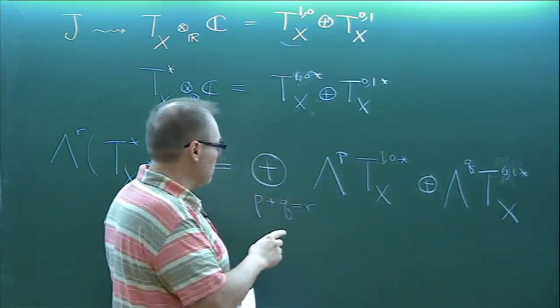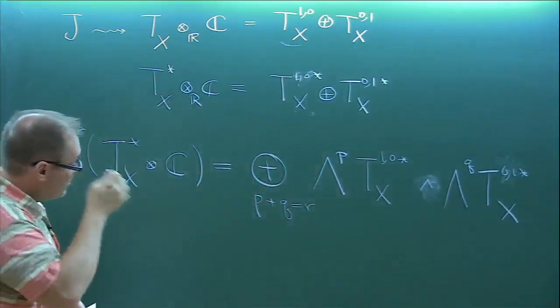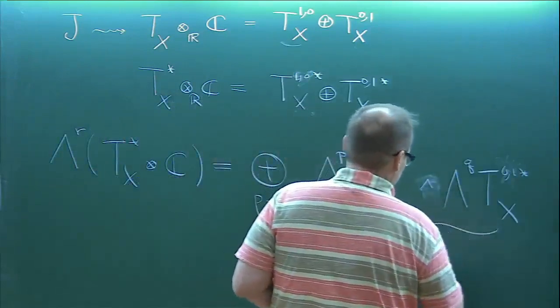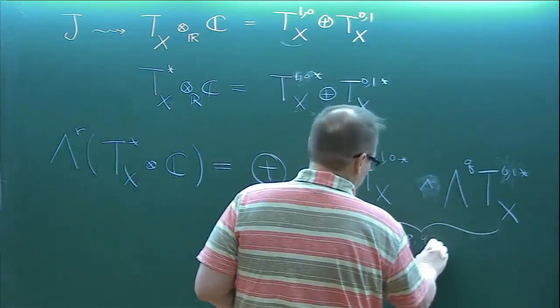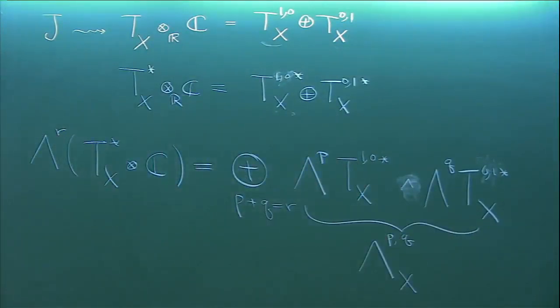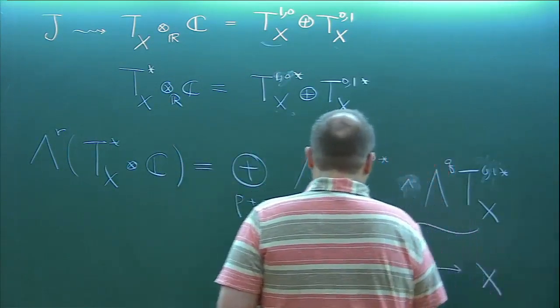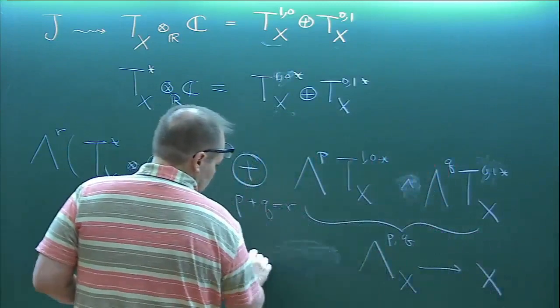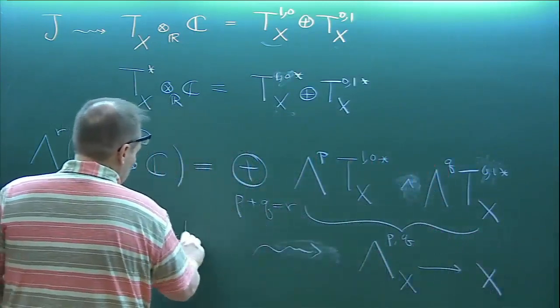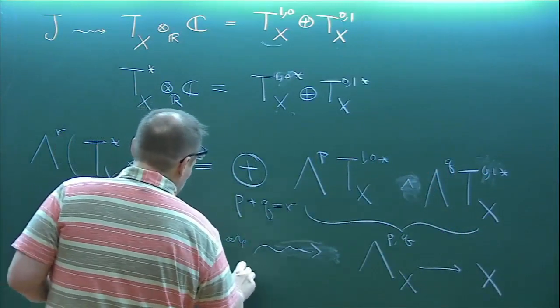Sorry? No, it's a wedge. Thank you. So this is an object that comes up a lot. So we'll just give it a short form of notation, Λ^{p,q}X. So the sections of this bundle, so another vector bundle over X, are called (p,q)-forms.